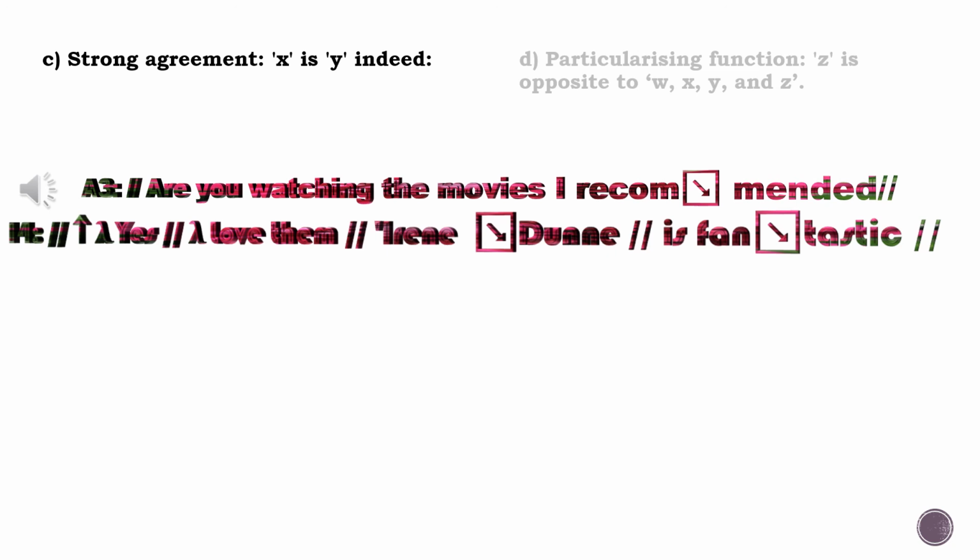So she could have just answered, yes, I have watched the movies. But she says she loved watching the movies because it was fantastic and so on. So strong agreement lies in saying something in a completely different manner, although you are saying the same or similar to what the other person said, but you're saying it in a different way.